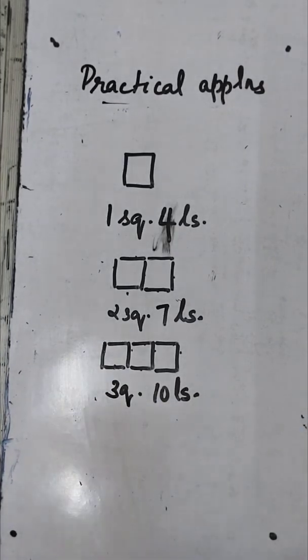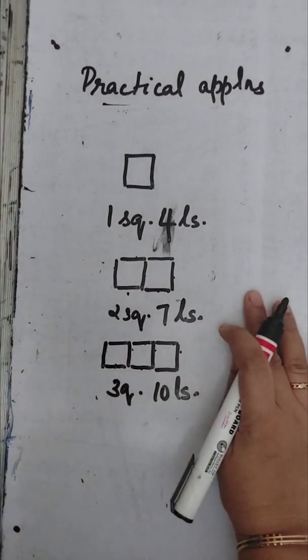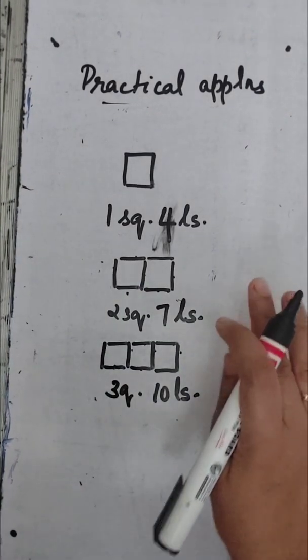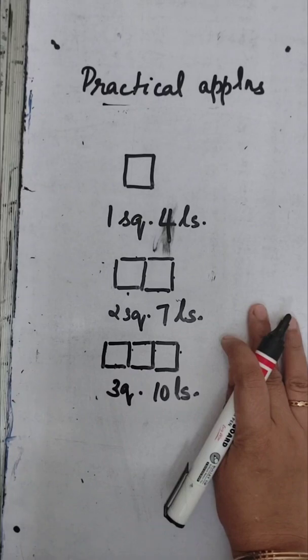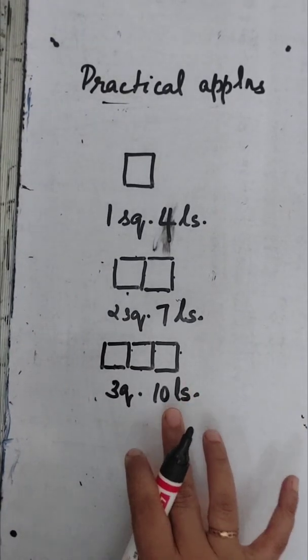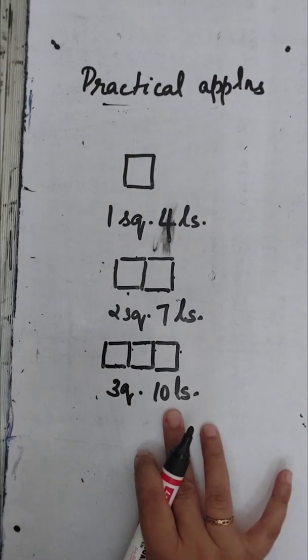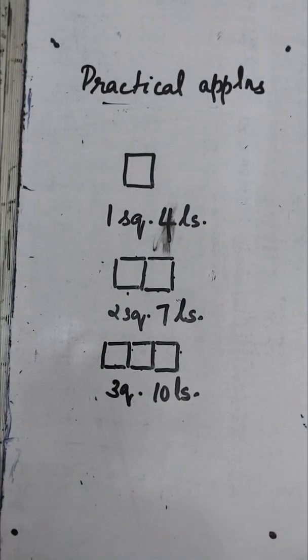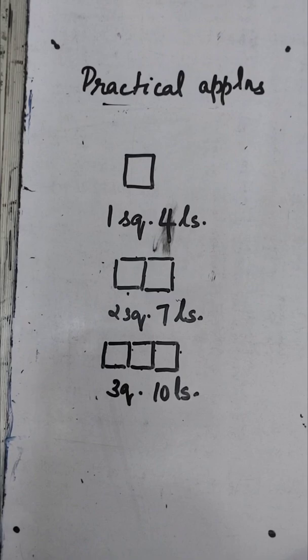Okay, so in general we have to form an expression which is used to find out the number of line segments which are required to make n number of squares. Okay, did you understand?